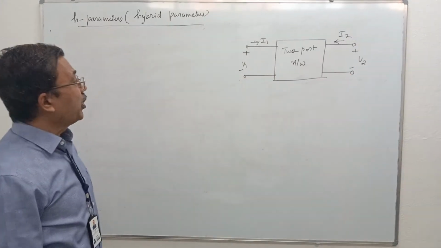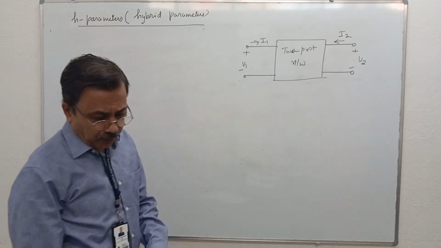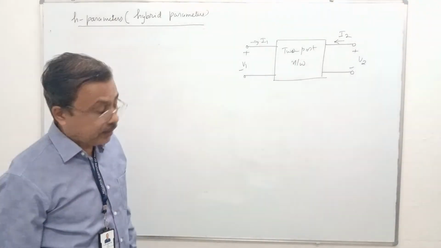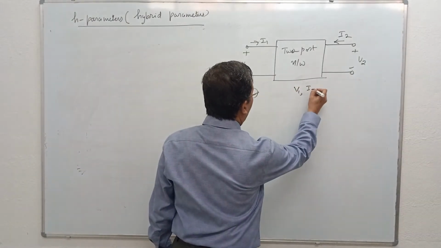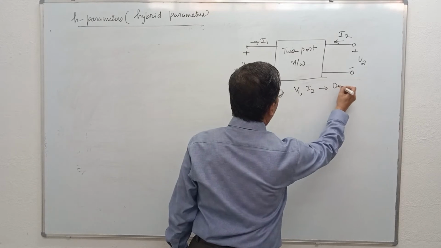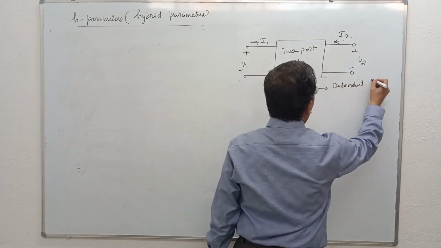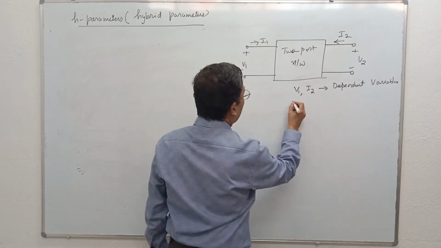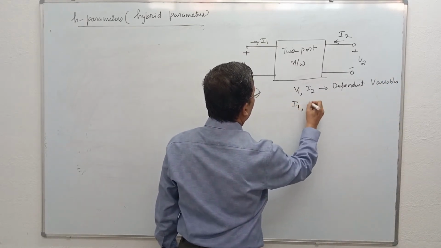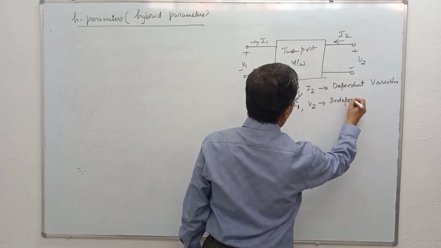There are four variables V1, I1, V2 and I2. Out of four variables, two variables will be made dependent. So V1 and I2 are made dependent variables. I1 and V2 are made independent variables.